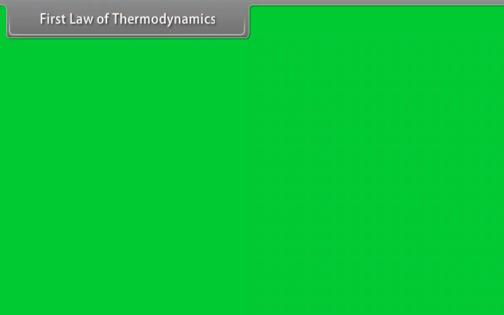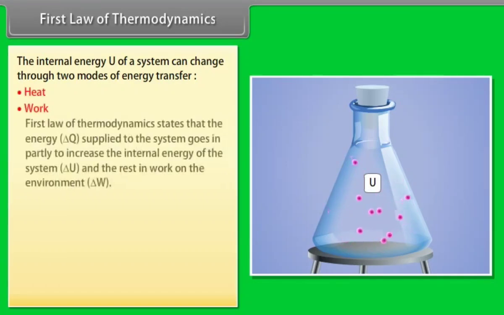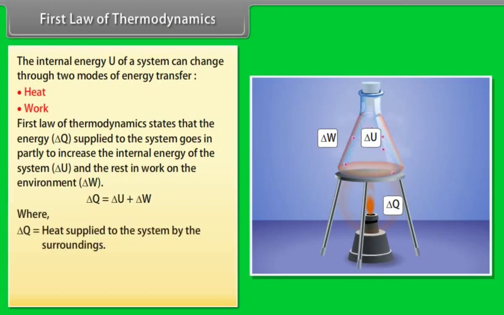First law of thermodynamics. The internal energy U of a system can change through two modes of energy transfer, heat and work. First law of thermodynamics states that the energy delta Q supplied to the system partially increases the internal energy of system delta U and rest to do the work on the environment delta W. Delta Q is equal to delta U plus delta W, where delta Q is equal to heat supplied to the system by the surroundings.